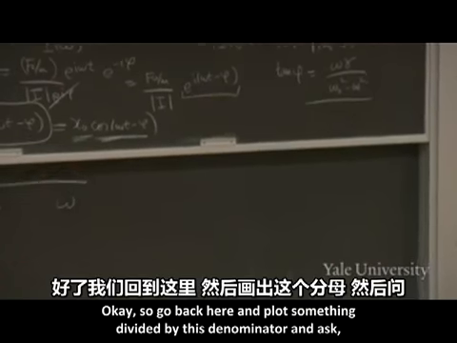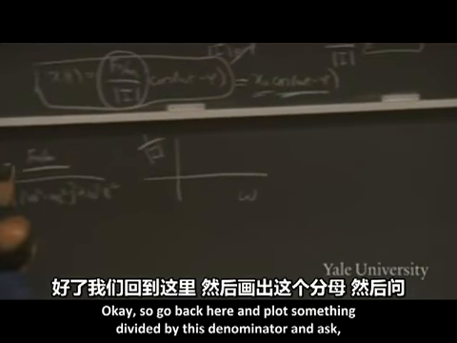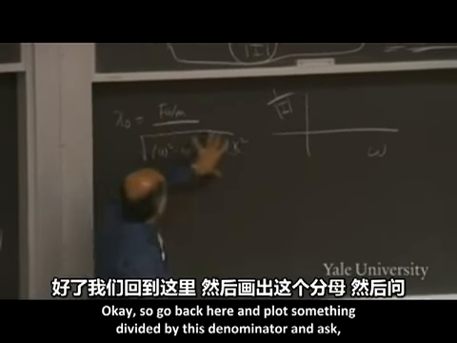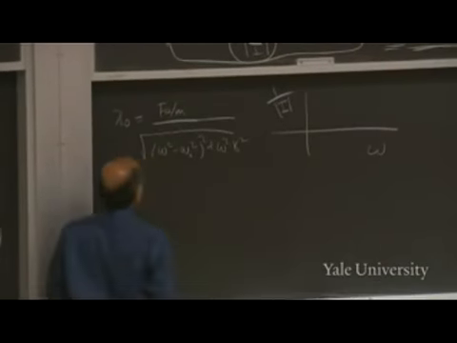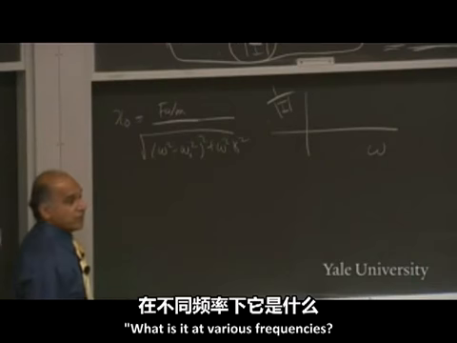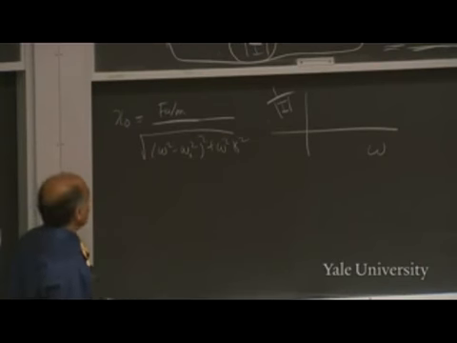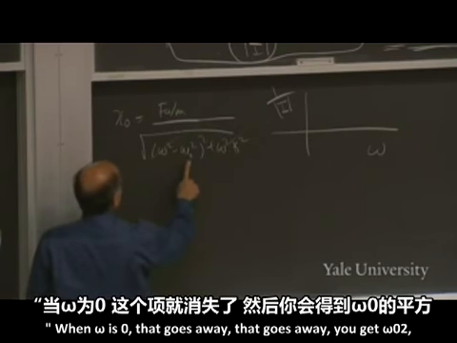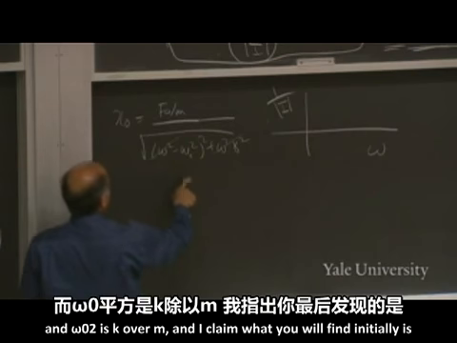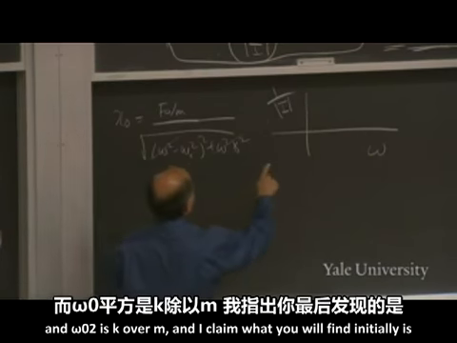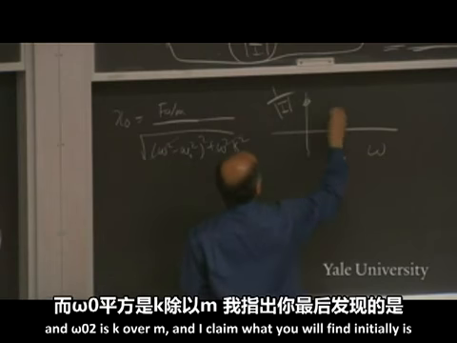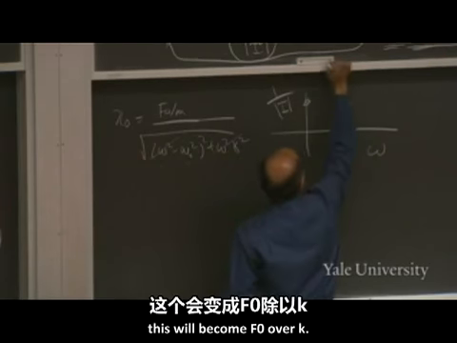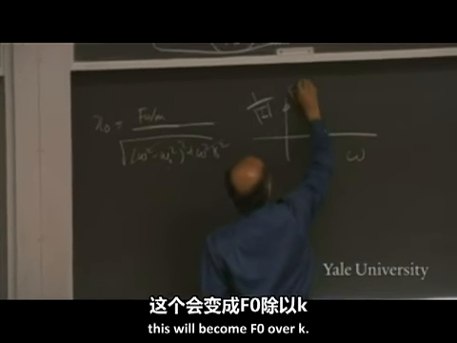Okay, so go back here and plot something divided by this denominator and ask, what is it at various frequencies? When omega is 0, that goes away, you get omega naught squared, and omega naught squared is k over m, and I claim what you will find initially is this will become f naught over k.